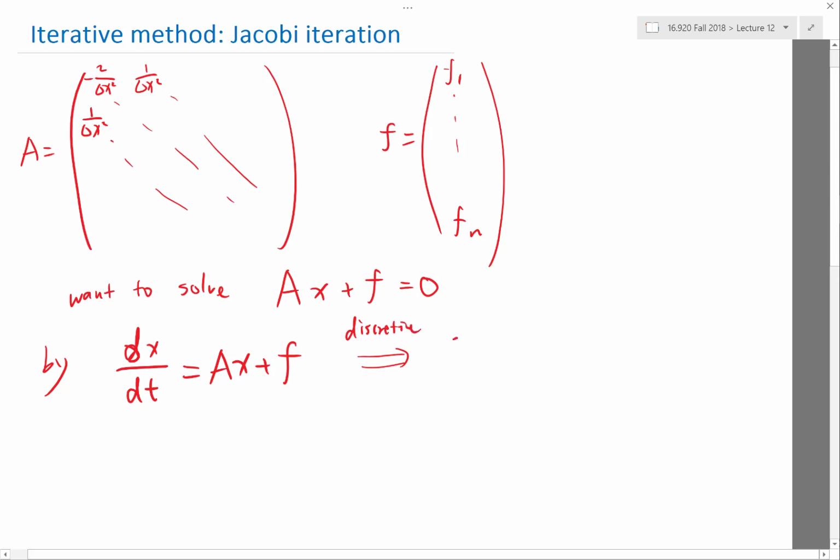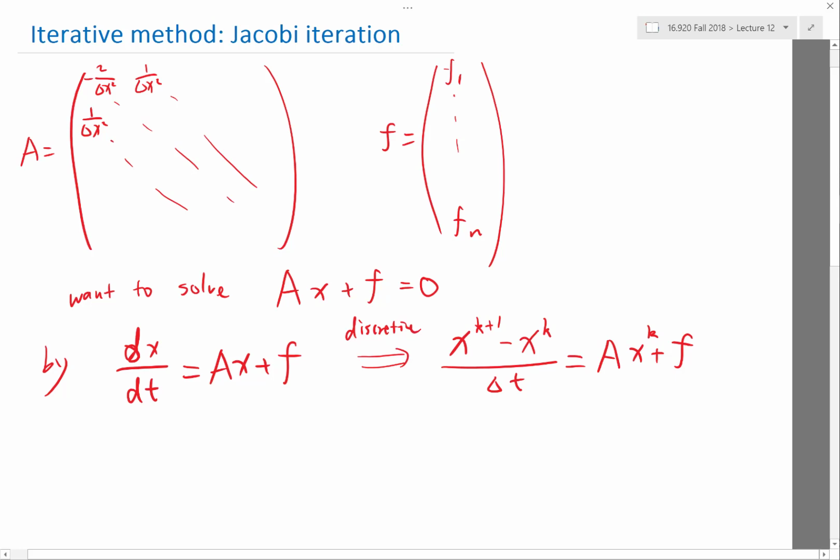So basically, I have x of k, where k is the time step or iteration number, over delta t equal to Ax plus F, or Axk, right? If it's forward Euler. Okay.